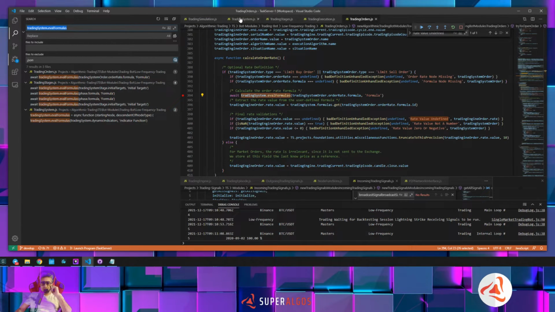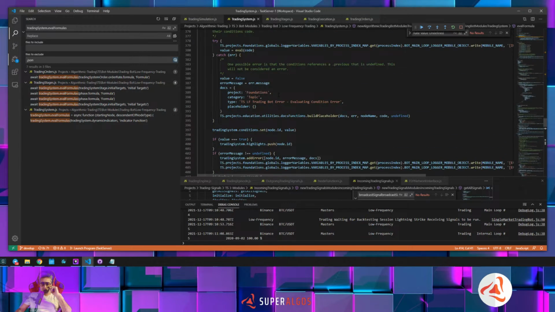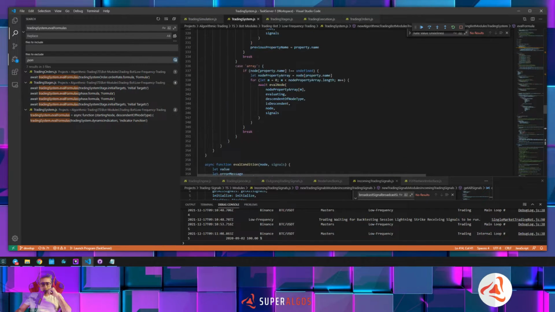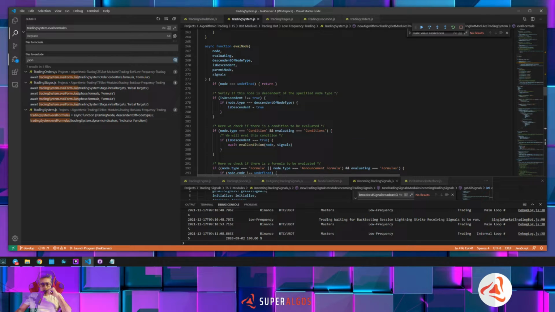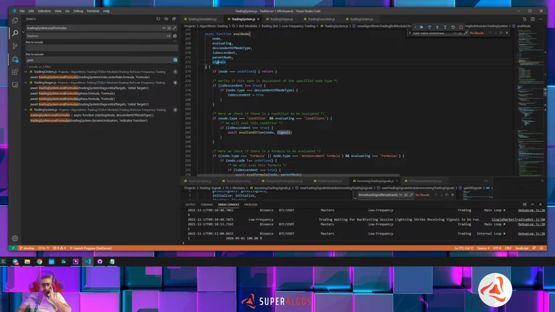What I'm seeing now is that this guy needs the parent node, and eval condition, no. But eval node has the parent node, and I'm a little bit confused now. Okay, the signals are sent because the conditions need the signals.